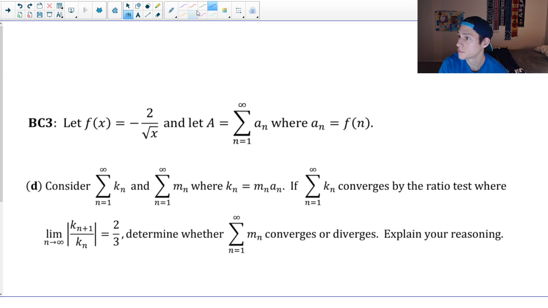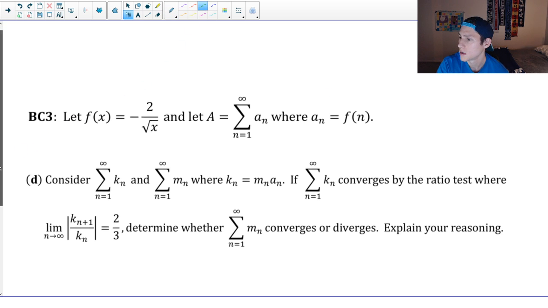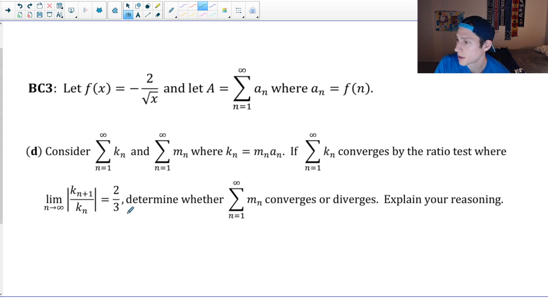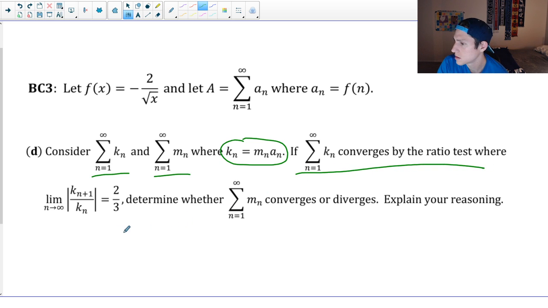Part D. Oh, jeepers. Okay. Consider series of kn and mn, both from 1 to infinity, where kn equals mn times an. Jeez. If kn converges by the ratio test, where that limit equals 2/3, determine whether mn converges or diverges.